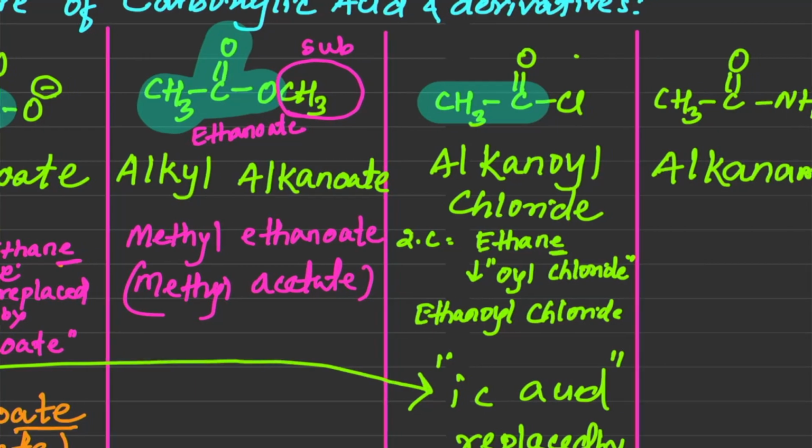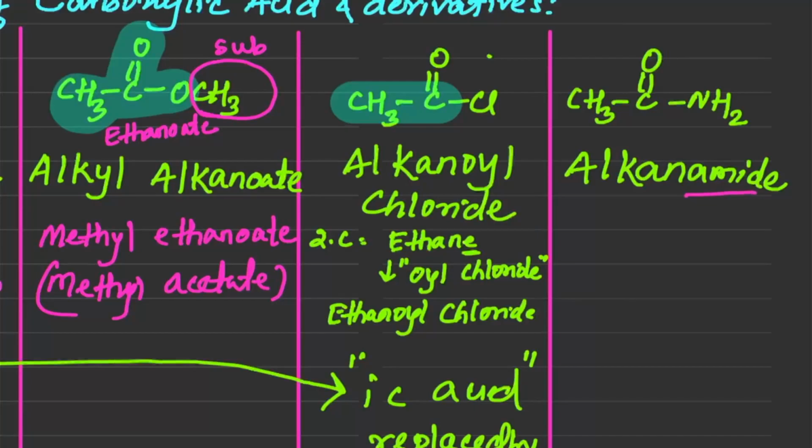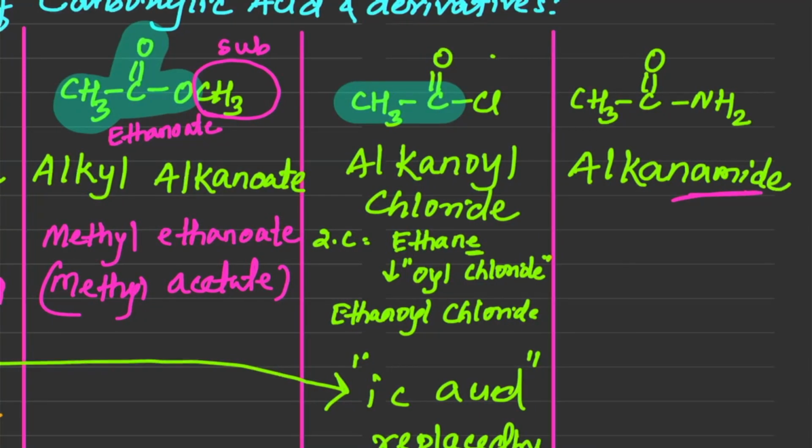Last one is very easy. Again, this one is an amide functional group. So this is an amide functional group, CONH2. How would we do it? So you can start with similar patterns. Find the longest chain. So it has two carbon atoms. That means ethane.